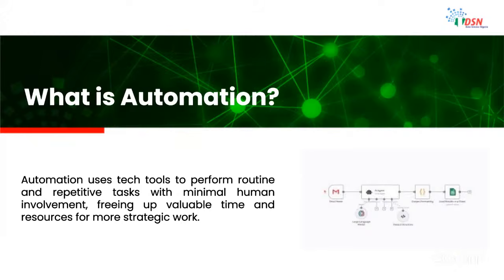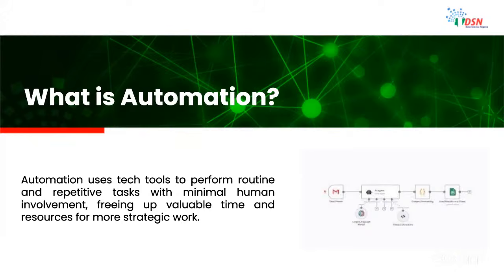Essentially they call them machines, but it's software. You're making use of available platforms to perform tasks that you would have ordinarily performed in the past, with minimal human involvement, and all it does is free up valuable time and resources so that you can focus on more creative work.